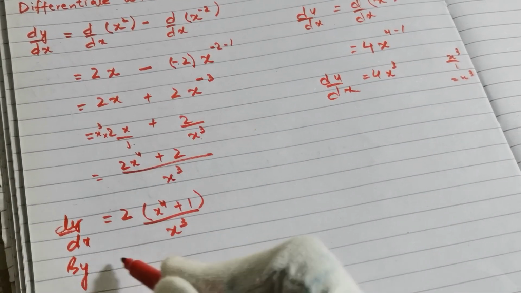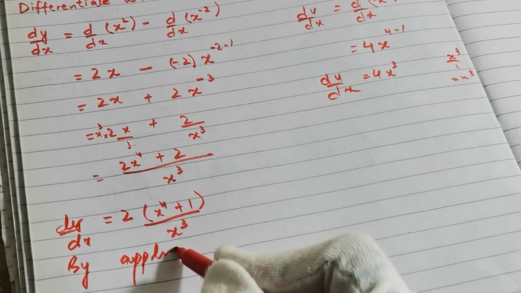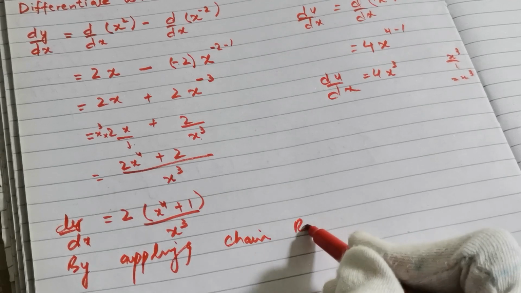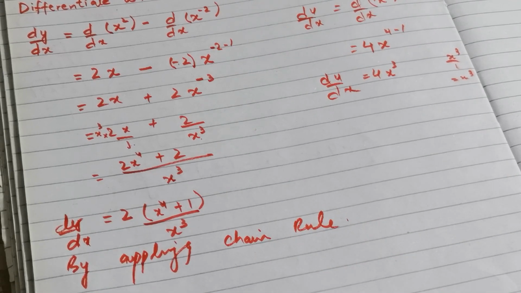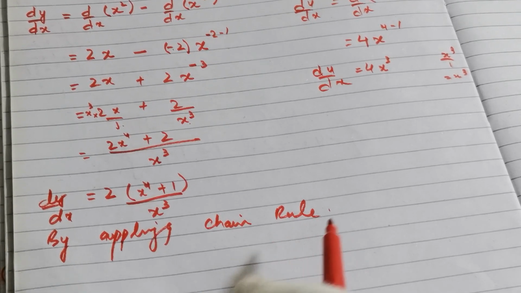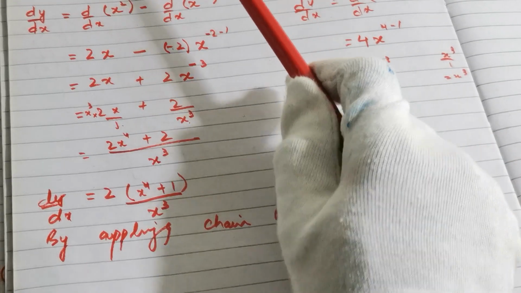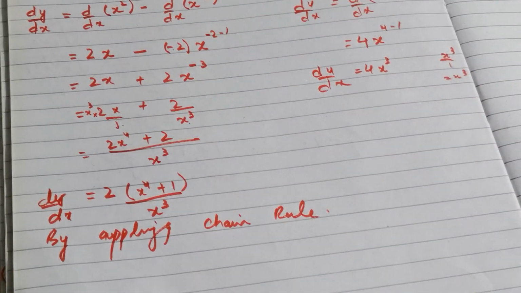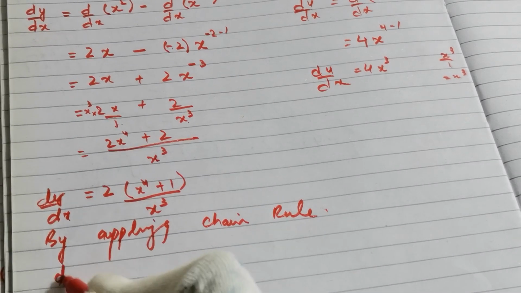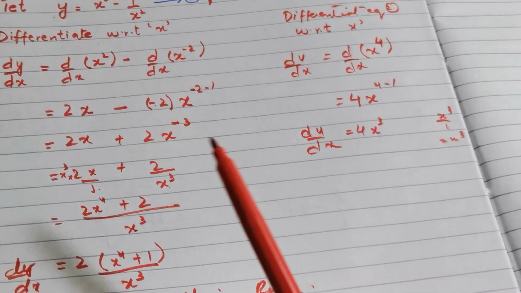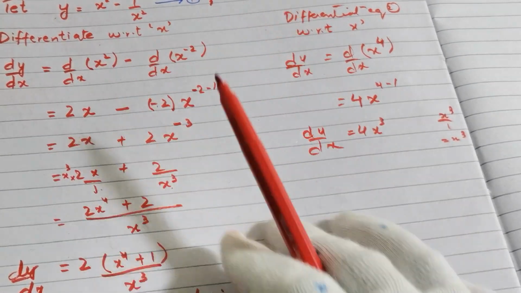Now by applying chain rule, how to apply chain rule? We want to find the value of dy by du, because we consider this term and this term.